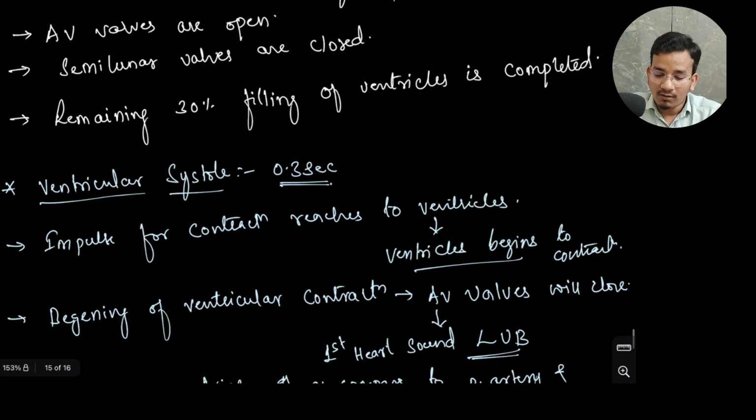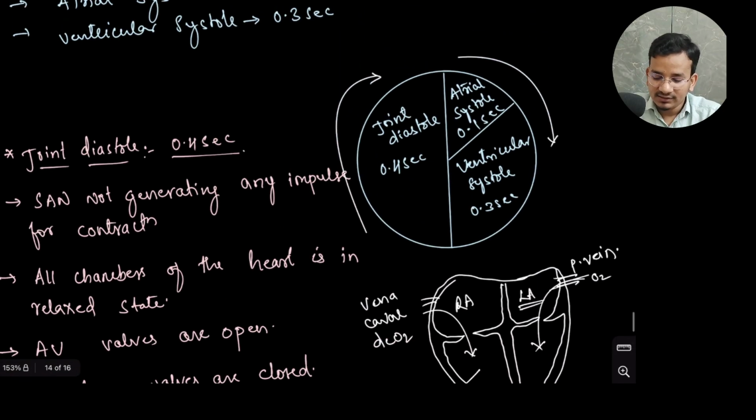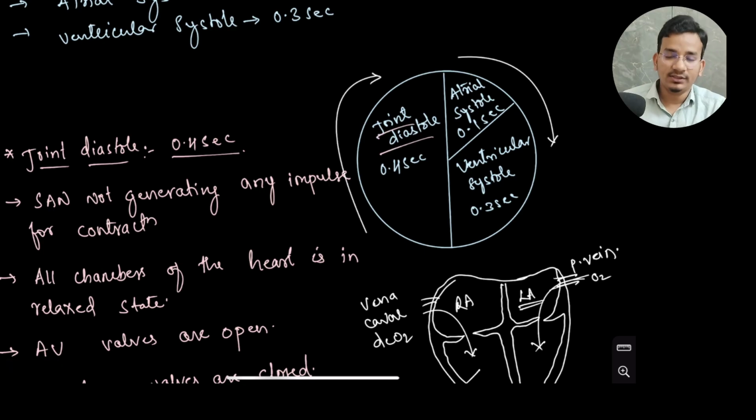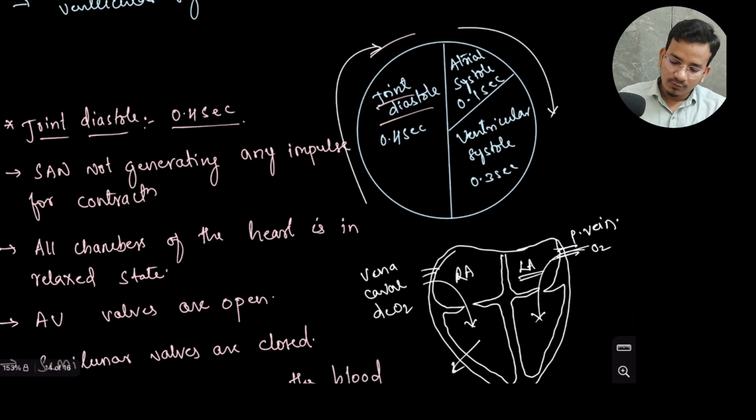So that's why all chambers of the heart are in a relaxed state. That's why the next step is the joint diastole, which also includes the ventricular diastole. By this, the whole process will be repeated.